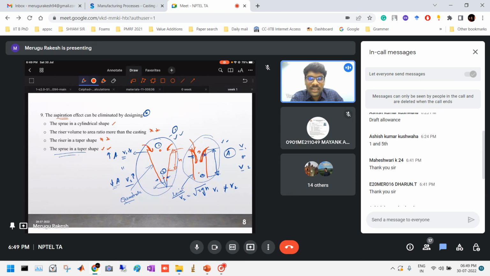One thing is that we have to minimize the velocity at point 2. The second is that we have to remove this flow separation. If flow separation happens, there is a problem of aspiration, where air may get trapped inside the metal.